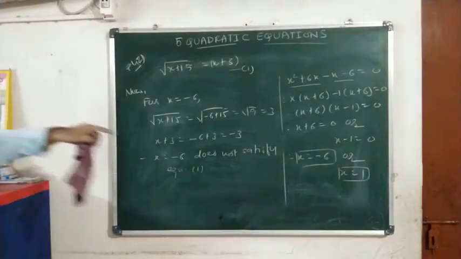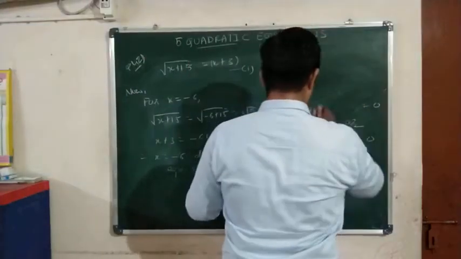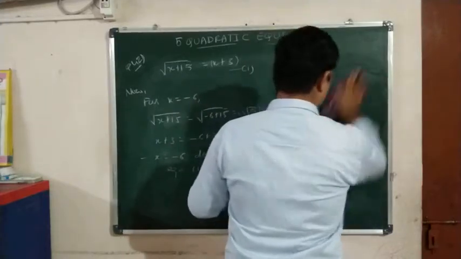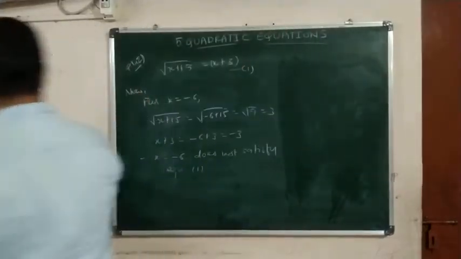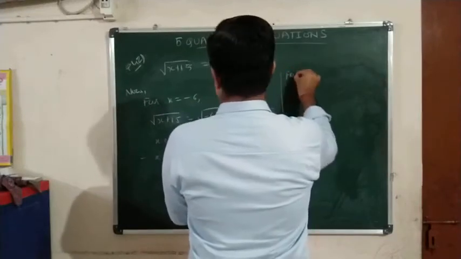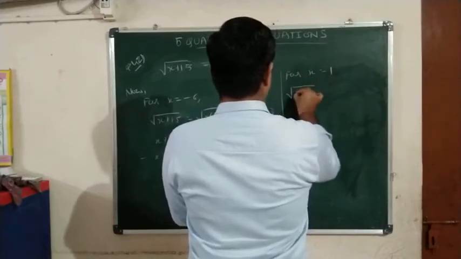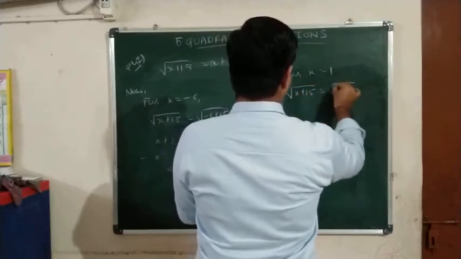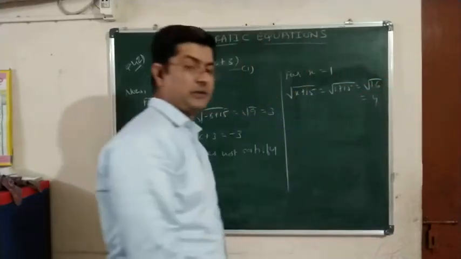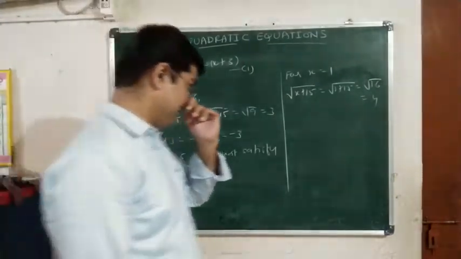Now we will check whether x is equal to 1 satisfies equation 1 or not. So for x is equal to 1, square root of x plus 15 is equal to root of 1 plus 15, is equal to root of 16, is equal to 4. Don't take plus or minus, only consider positive values, okay?